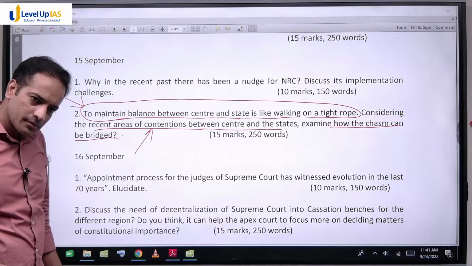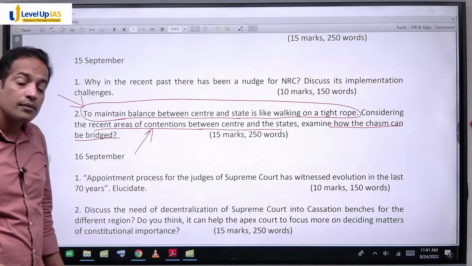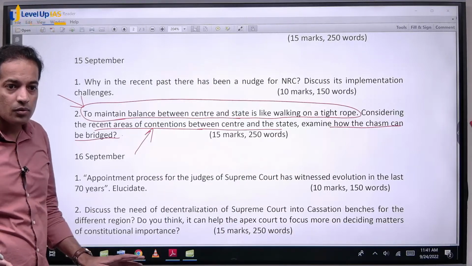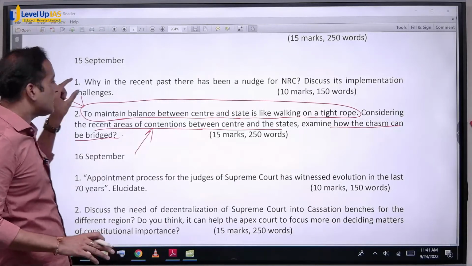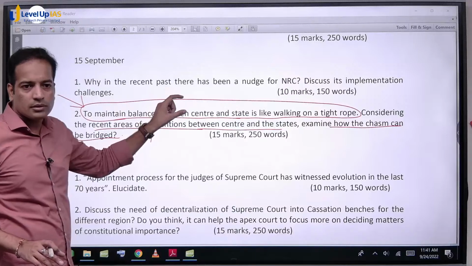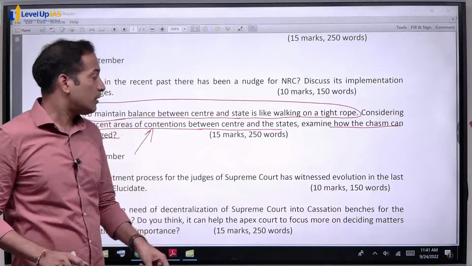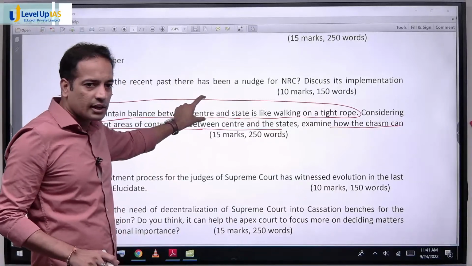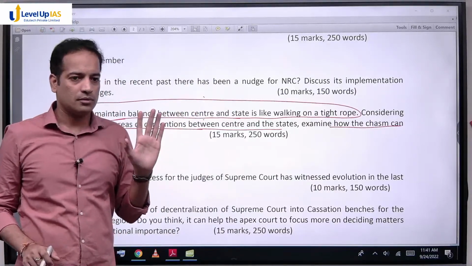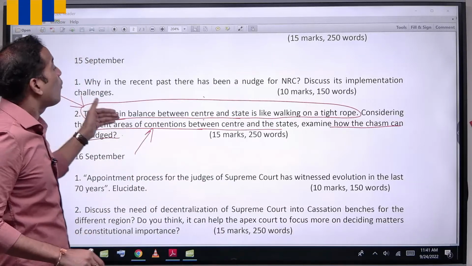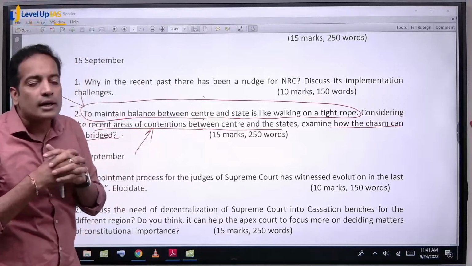Yes, to maintain the balance between center and state, you have to give it in intro or body. Intro, suppose had there been a keyword, then you could explain the keyword and then substantiate this line, or even first substantiate this line then explain the keyword. Okay, you can simply look at it: why is it like walking a tightrope?